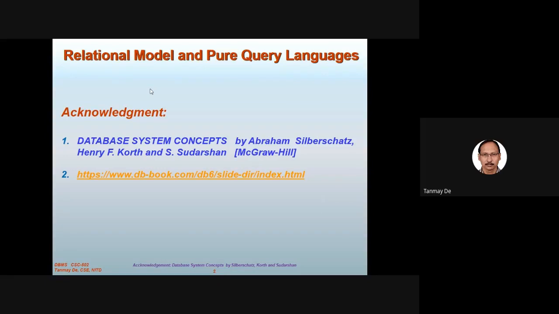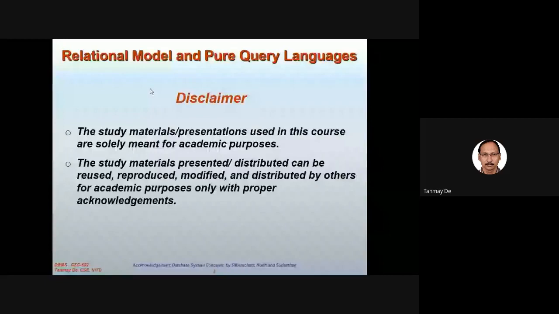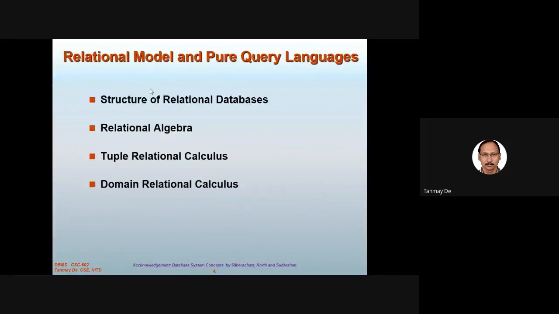Here most of the discussion is from the books of Korth. Here we have the basic idea of the relational database. Some I already discussed in my introductory class. The pure query languages are relational algebra, tuple relational calculus, and domain relational calculus.